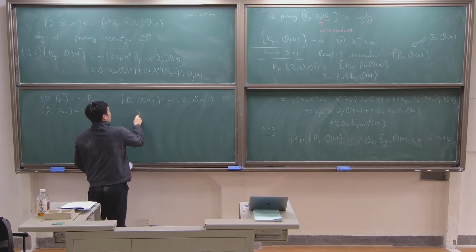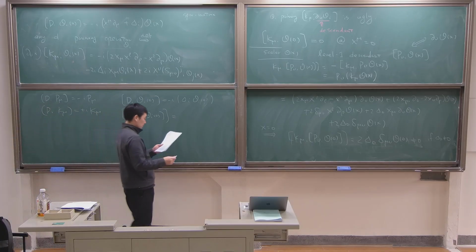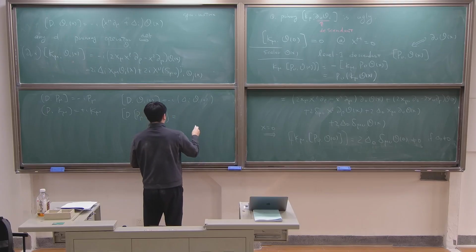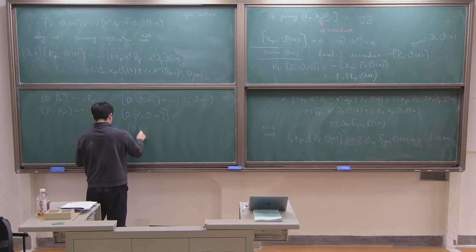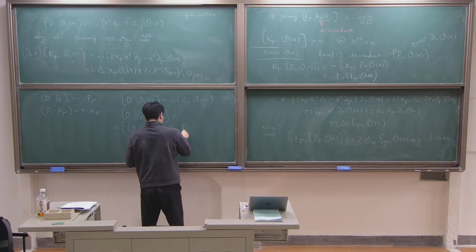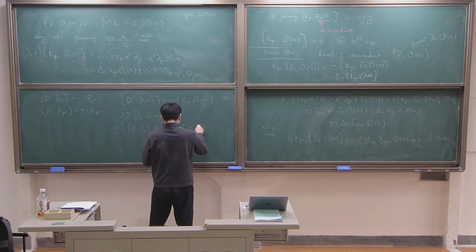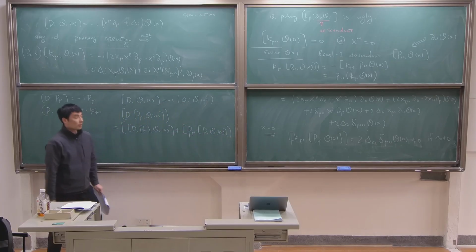How about the descendant? P acts on O I at 0, and D. If P acts on the operator, what's going to happen is the following. You can use the Jacobi identity to show this is equal to the commutator of D and P mu acting on O I at 0, plus P mu acting on the commutator of D and O I at 0.